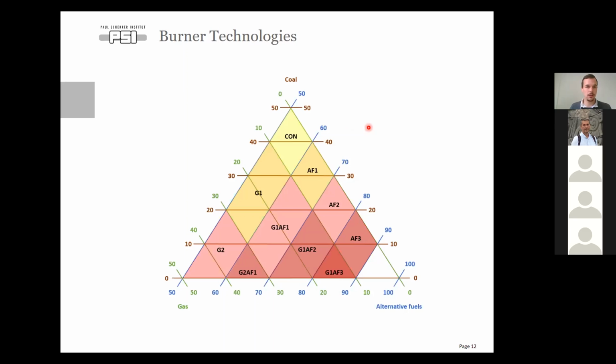Depending on where we are in this triangle, the model uses different investment costs, which account for the additional investments that you would have, for example, for the fuel supply infrastructure. And that's how we modeled the burner technologies in our model.